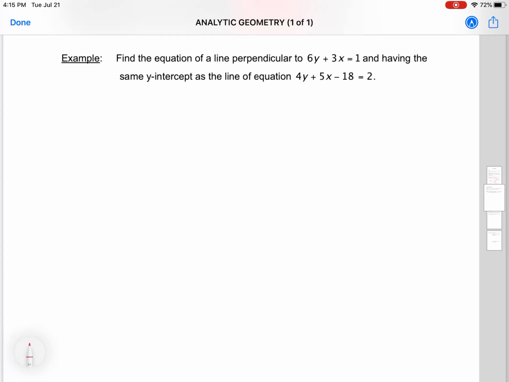We are looking for the equation of a line that is perpendicular to 6y plus 3x equals 1 and having the same y-intercept as the line 4y plus 5x minus 18 equals 2. Why don't we first try to extract the slope. From the line 6y plus 3x equals 1, we can see that 6y is minus 3x plus 1.